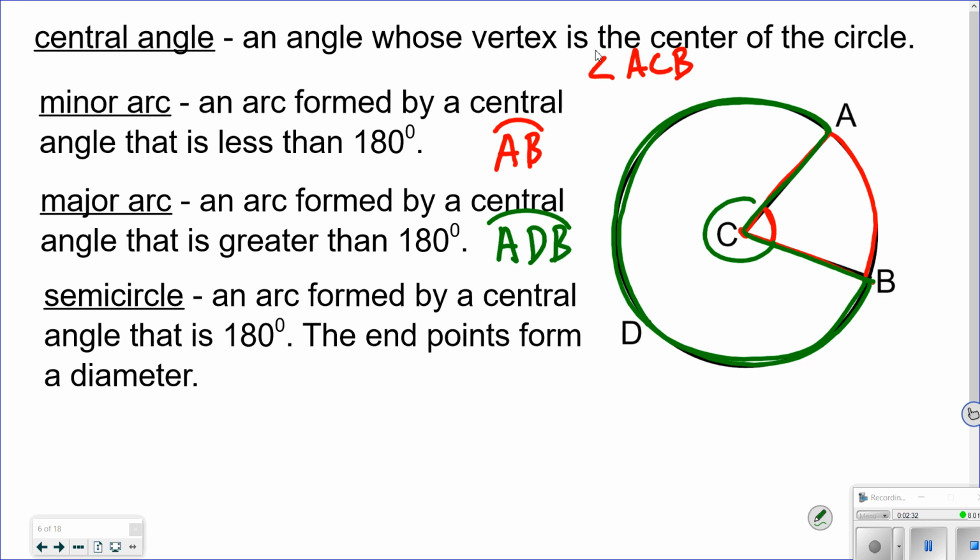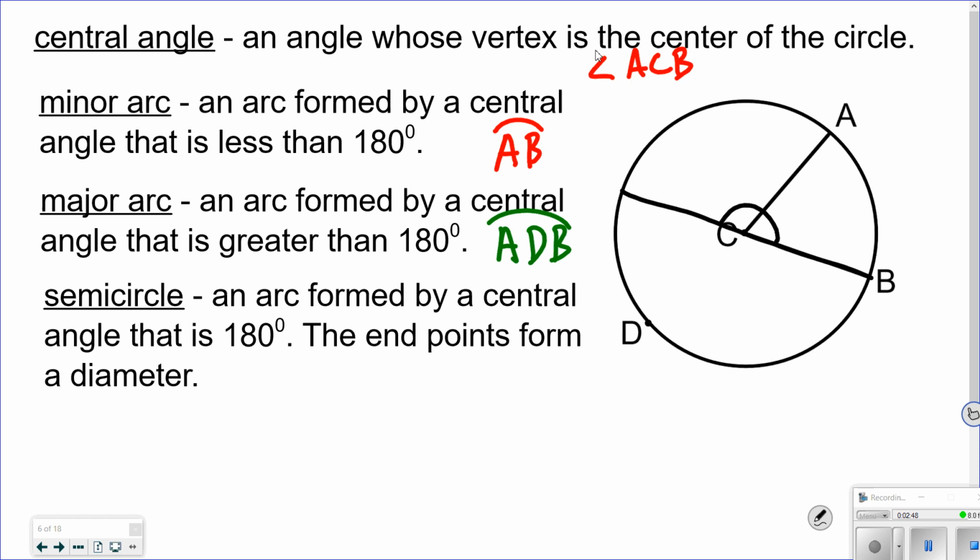The last one's a semicircle. I think we all know what a semicircle is, right? Half a circle. So if you have that, like it says on here, that the measure of the central angle is 180 degrees. So if I draw a diameter across there, if the arc's 180 degrees, let's name this something. Let's call it E. That means that this arc, BAE, we would say is a semicircle.